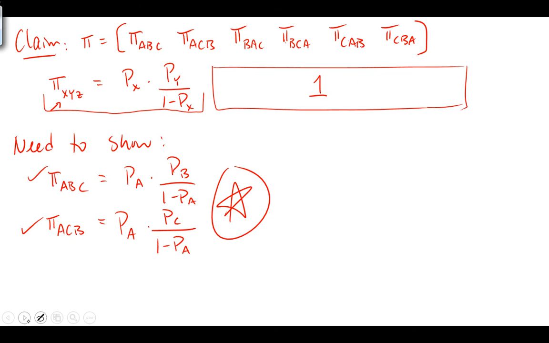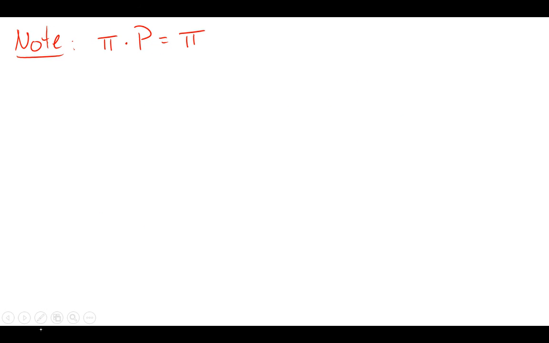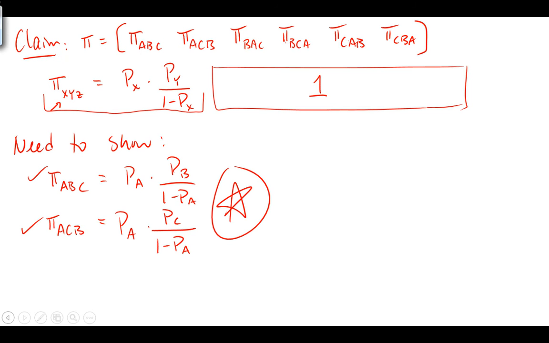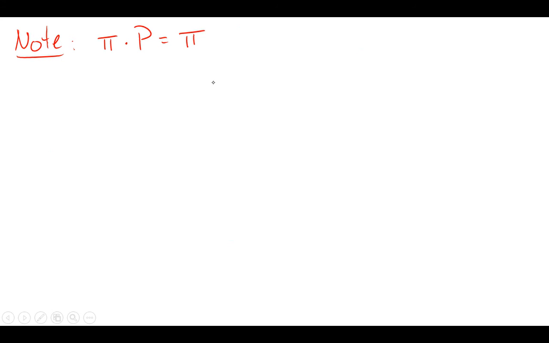So I think in order to get a formula for this, the main computation I'm going to do is to say, since pi p has to equal pi, if I do pi times the first column, or I guess it's a dot product at that point, that should be pi, and the first entry is pi ABC, right?